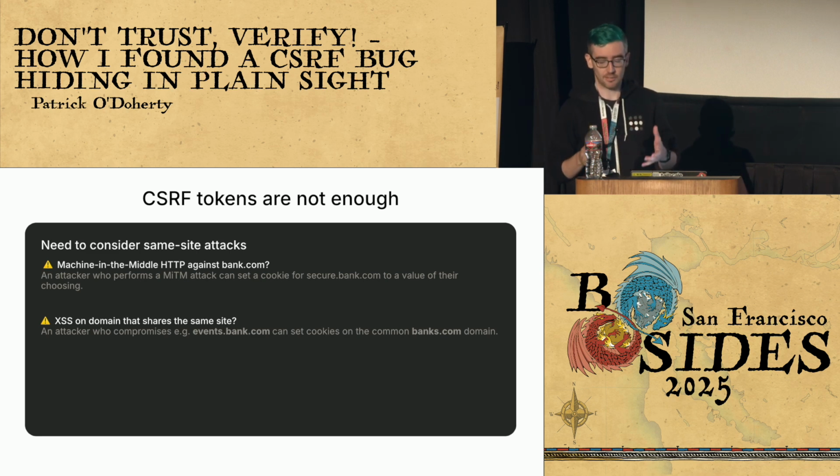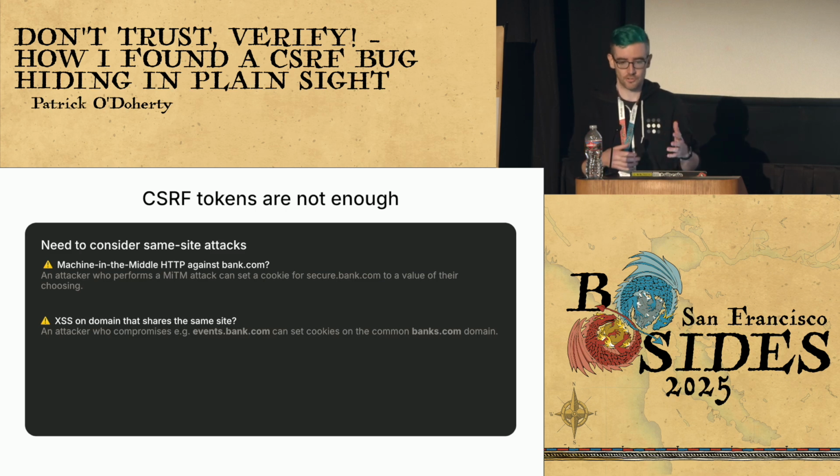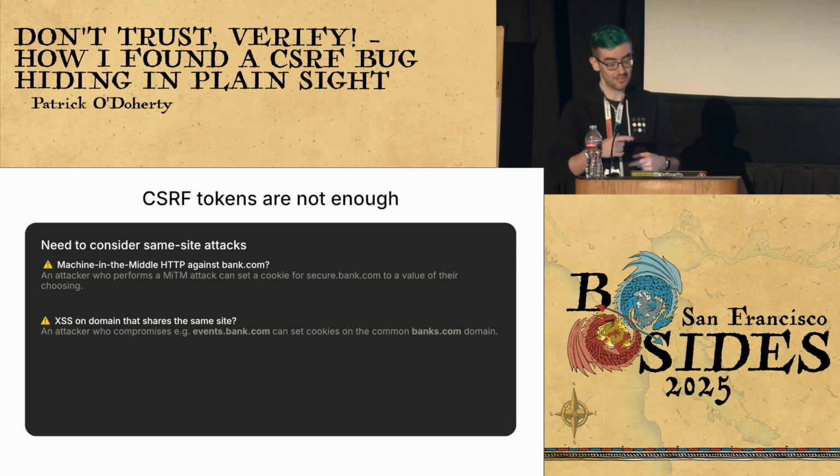One thing in particular that we need to consider is what happens if an attacker manages to launch their attack from an origin that has what's known as a same site relationship with our application. And the two ways that they could do this are they could perform a HTTP plaintext machine in the middle attack against your origin, and any cookies they set here will be happily sent to your secure destination. It's the inverse behavior that's not allowed.